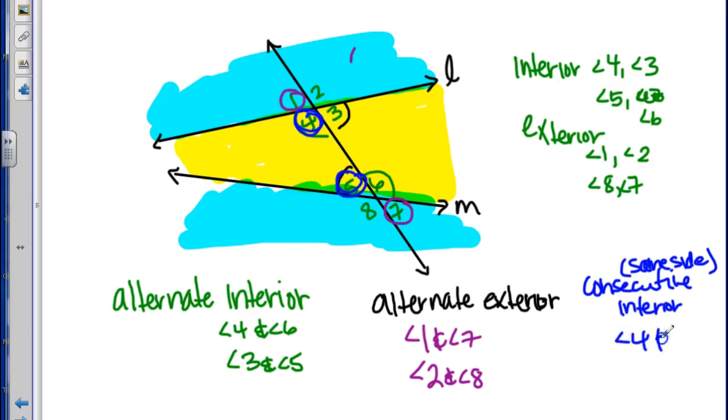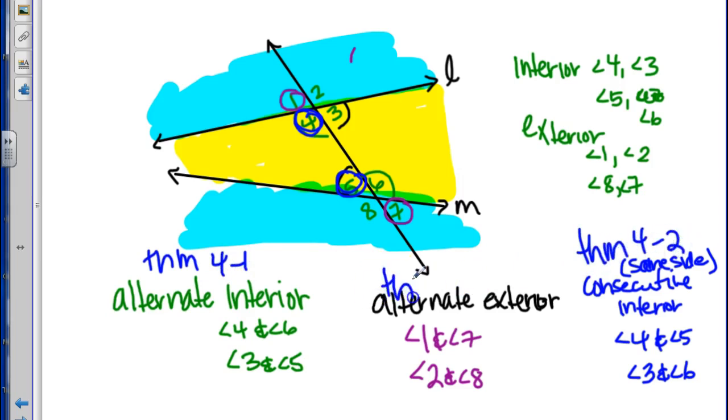So angle 4 and angle 5, and then angles 3 and 6. All right, same side interior. So we have alternate interior, alternate exterior, same side interior. This is theorem 4.1, and this is theorem 4.2, and this is theorem 4.3.